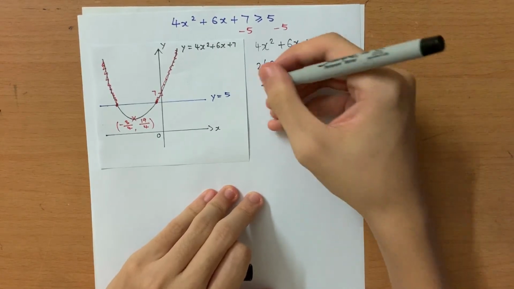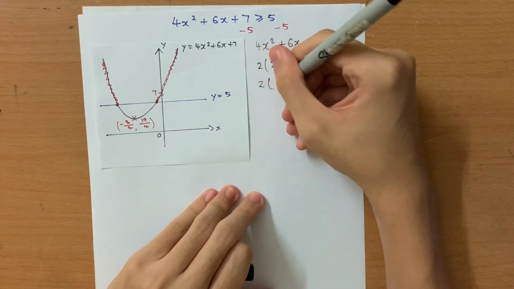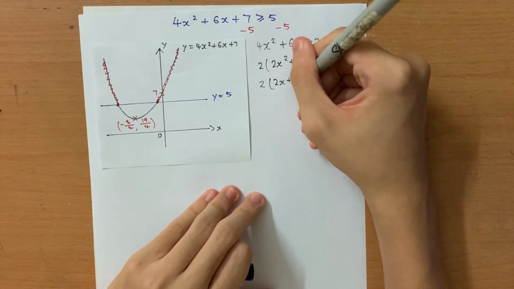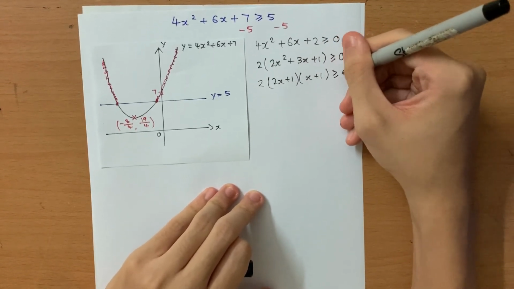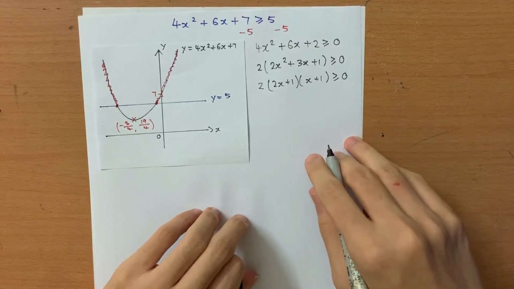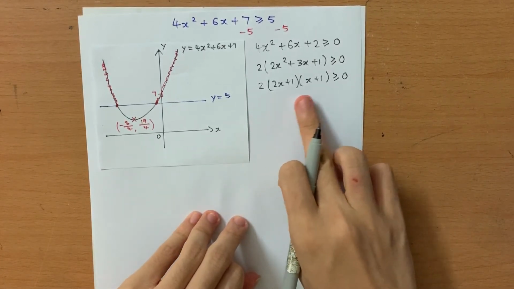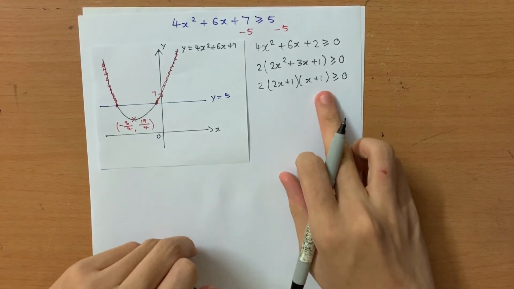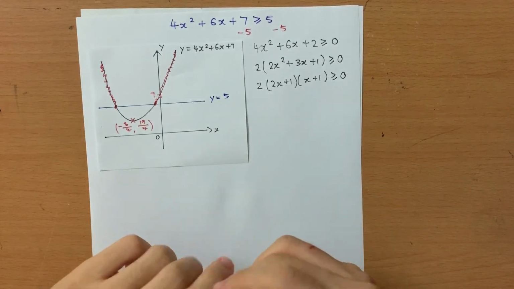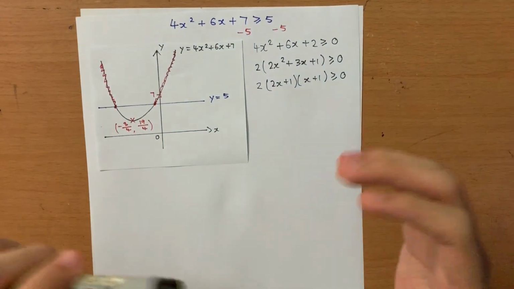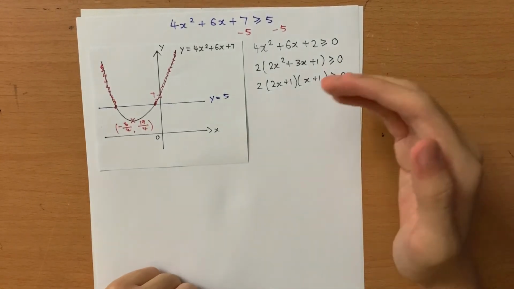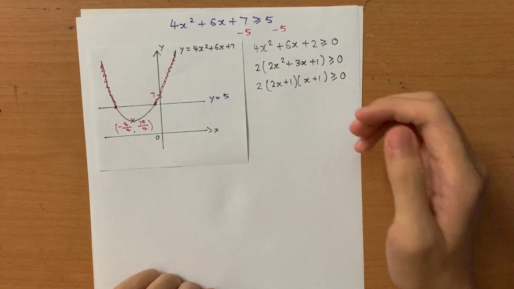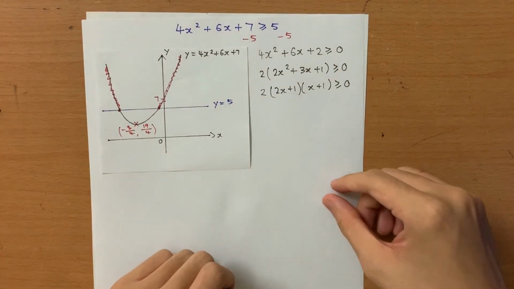Yes, 2x plus 1 multiplied by x plus 1 is greater than or equal to 0. Just to make sure it's correct, yes it is. If you make it equal to 0 to find the roots of this quadratic equation, x will be equal to negative half and x will be equal to negative 1.